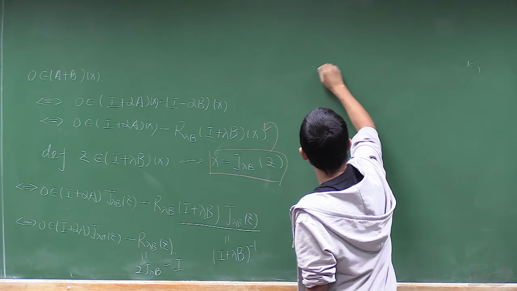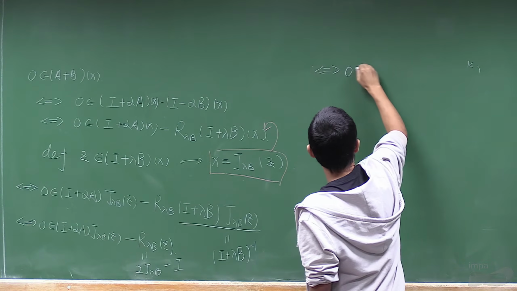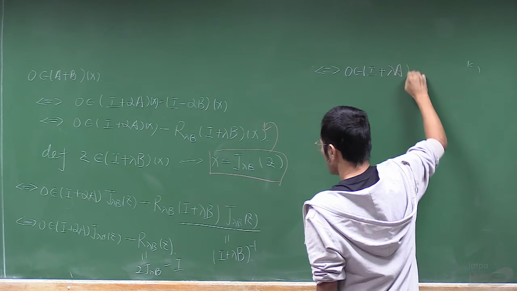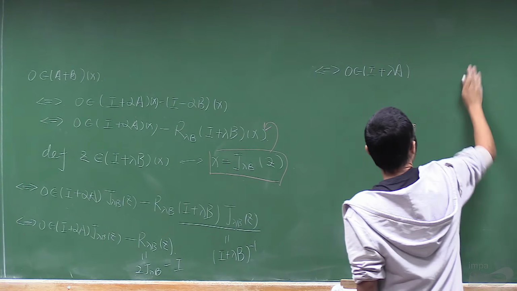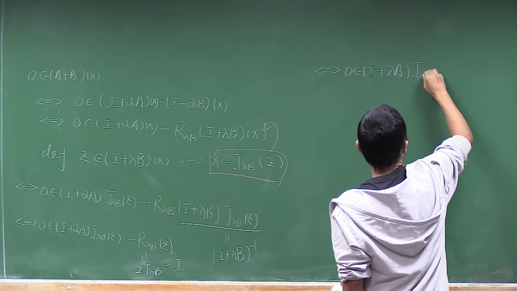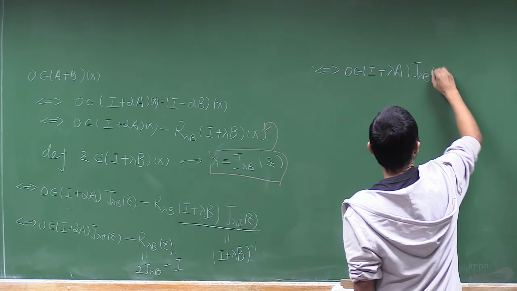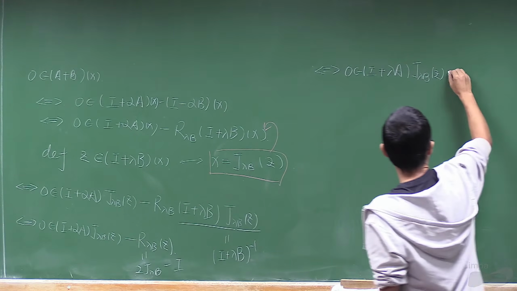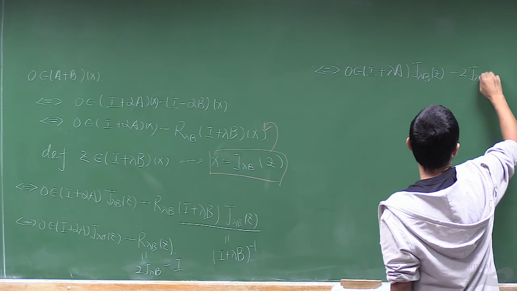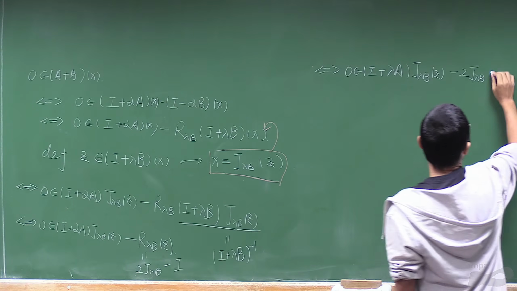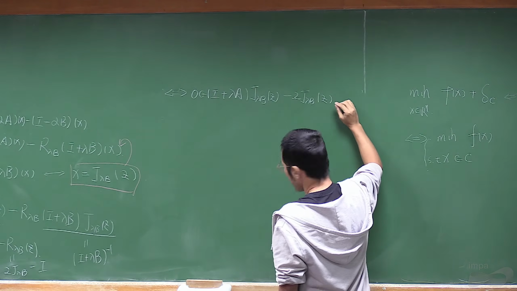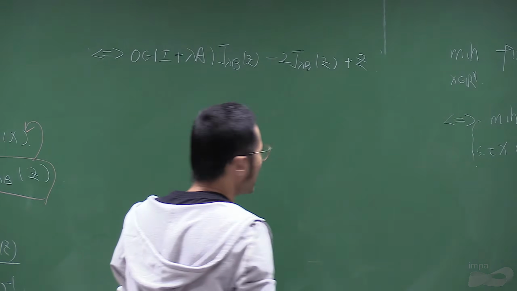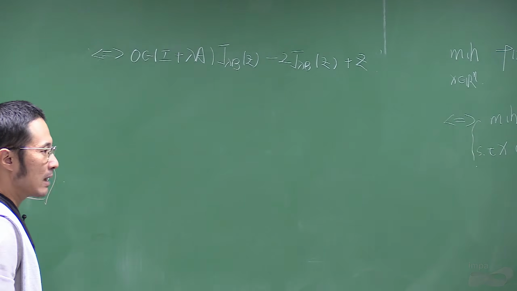So it is equivalent to say 0 belongs to (I plus lambda A) of the resolvent of B at z, and we expand this: minus 2 times the resolvent of B at z, plus z. Okay, we get this one.